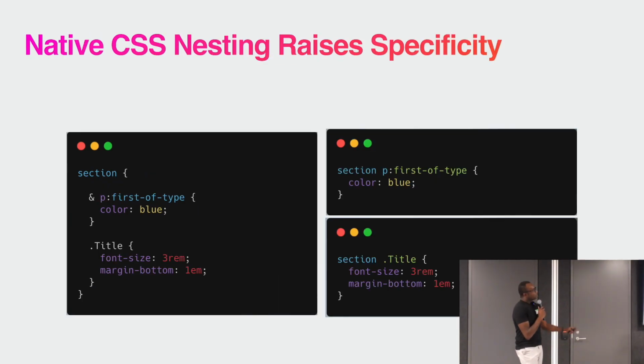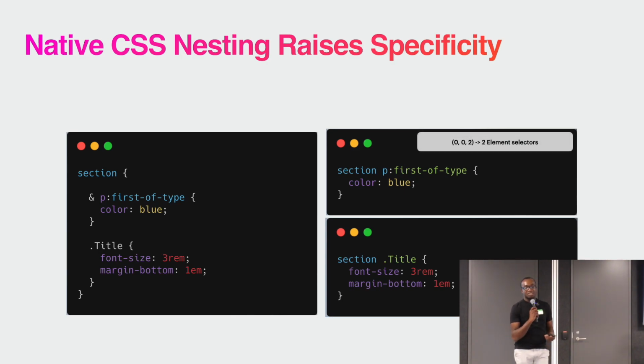So on the left here is us nesting within CSS, and on the right is what a similar selector would look like if we were to write it out in full.